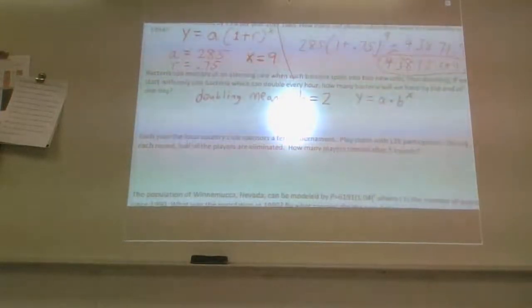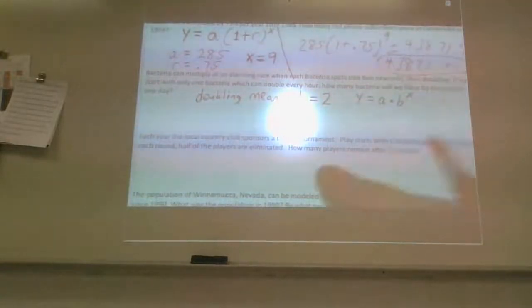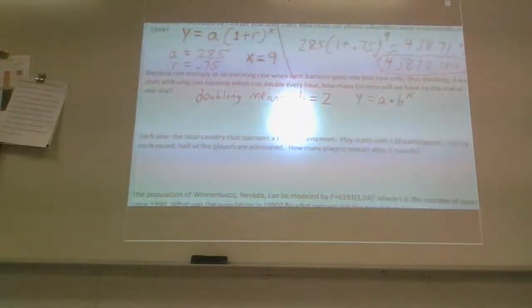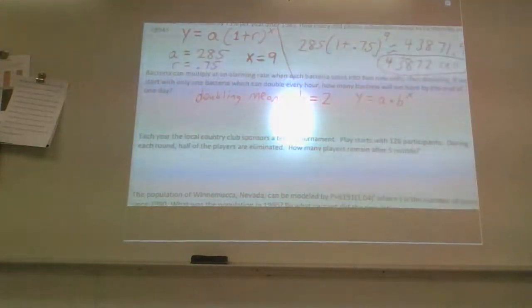That B was 1 plus R. Technically, when you are doubling something, it means that your rate is 100%, and 100%, converted to the decimal, would be a 1. 1 plus 1 would give you 2. That's what doubling really means.